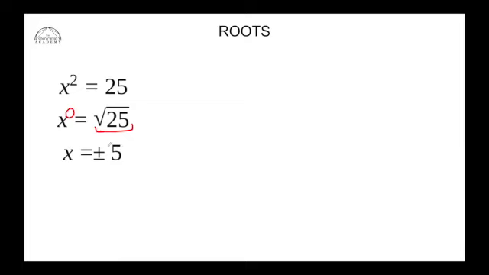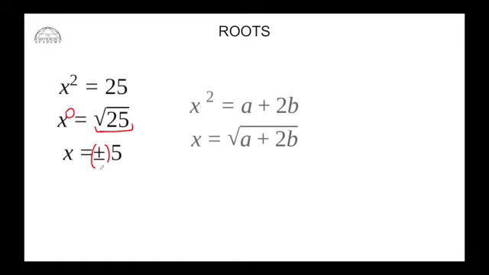But no, it's not just 5. It could be positive 5, or it could also be negative 5, because negative 5 times negative 5 will give you positive 25. So a square root actually gives you two answers, plus or minus 5. You understand that, Ariel? Yeah. All right, so just remember that.